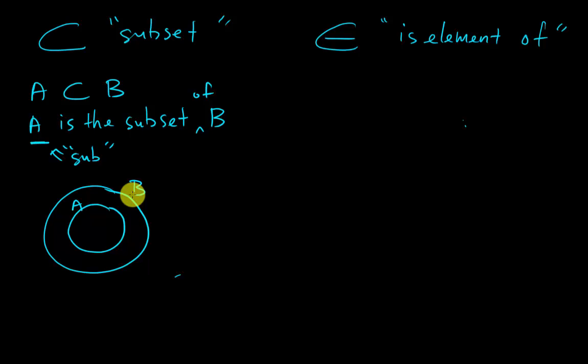So in terms of values, let's say B is 1, 2, 3, 4.